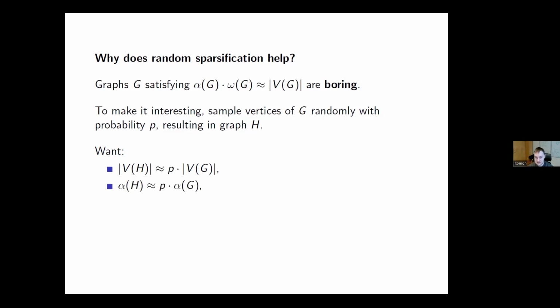We also want the independence number to drop by a factor of p, and the clique number to drop by a factor of p. If we can achieve that, then the independence number of H times the clique number of H is roughly p times the number of vertices. So we gained an extra p factor here, and it immediately made our graph interesting.